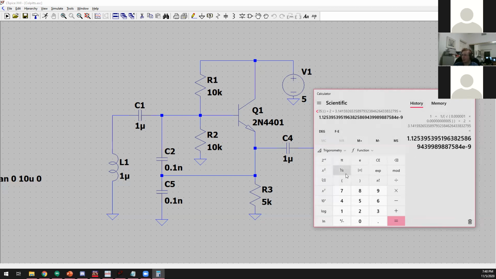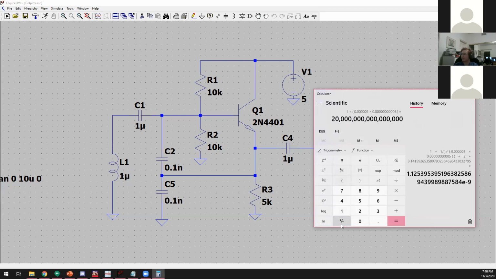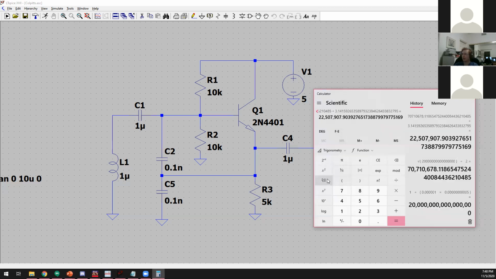So let me try that one more time. I took the reciprocal twice, I think. So 1 divided by this times 0.05 times this. We'll take the square root, divide by 2, divide by pi, and we get 22.5 megahertz. That sounds better. So we should expect this circuit to oscillate at 22.5 megahertz.